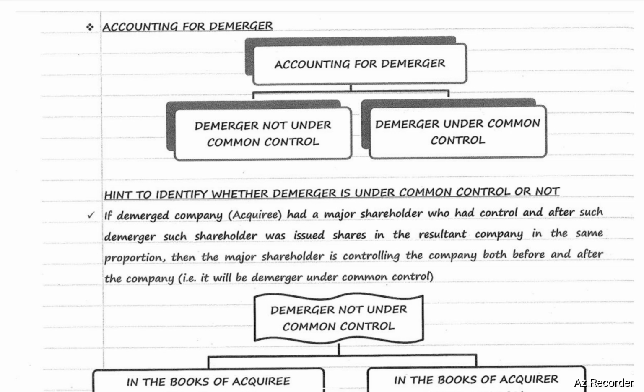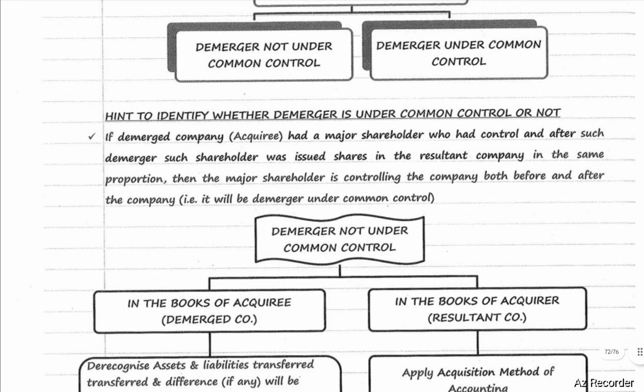That is, it will be a demerger under common control. That means the acquiree who has control before demerger, after demerger, resultant company shares are issued to the acquiree company shareholders in the same proportion. Then the majority shareholders controlling before demerger and after demerger are the same. In such a case, it will be considered as demerger under common control.